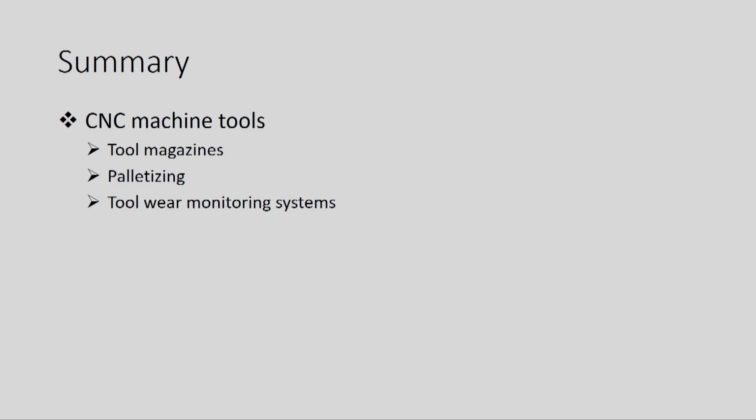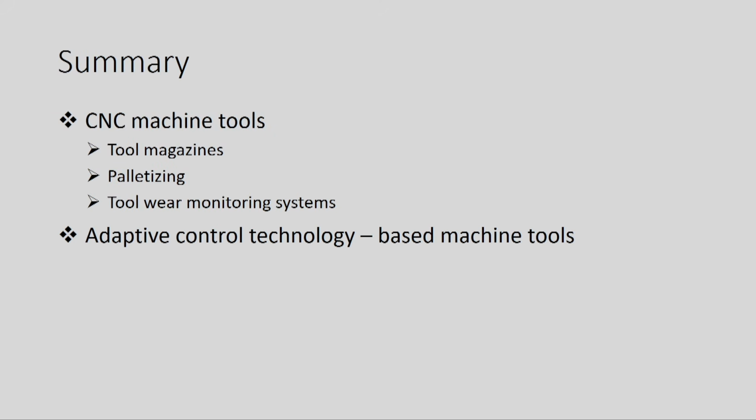Well, my friends, let us summarize the lecture 3 of week 2. In this lecture, we have seen CNC machine tools. We have seen various its elements such as tool magazines, pallets, tool wear monitoring systems. After that, we studied the adaptive control technology concept and how to build a machine tool based on this technology.